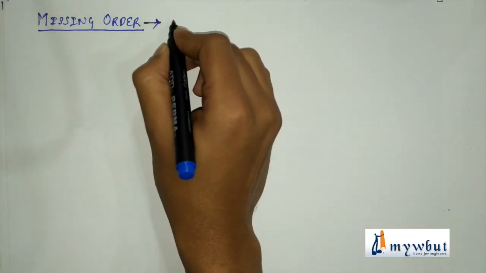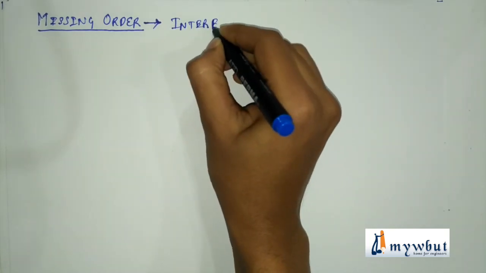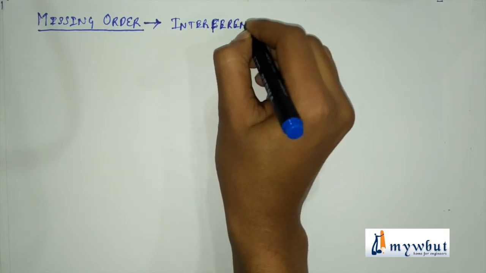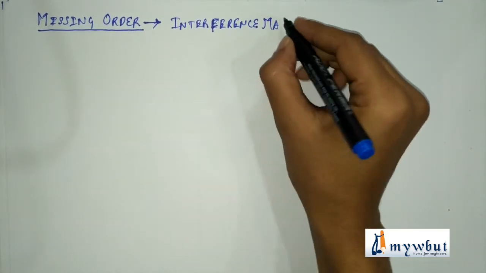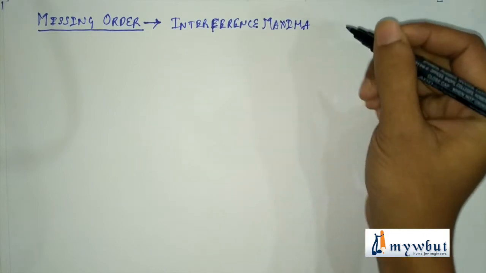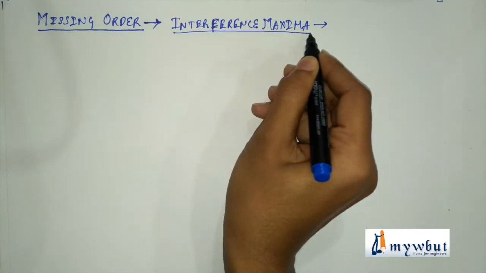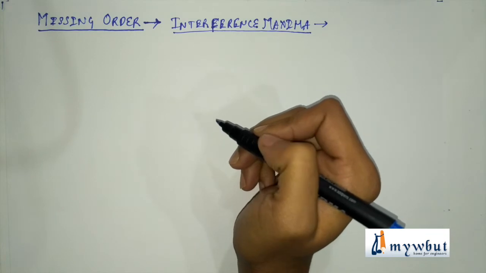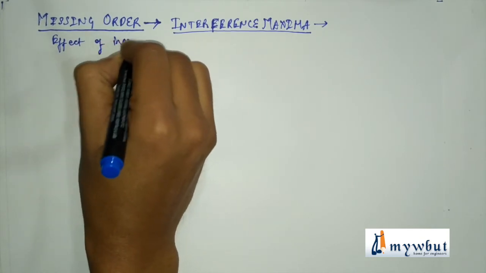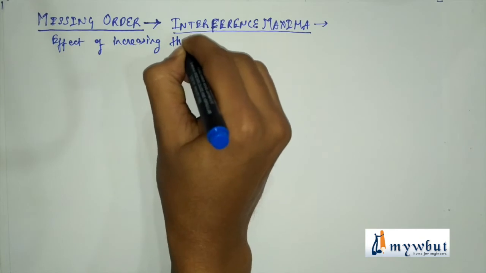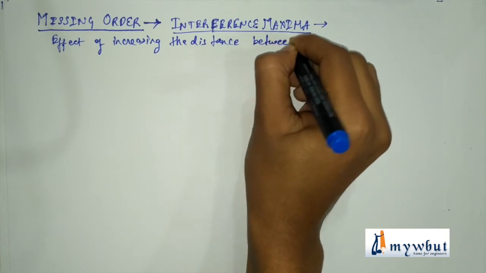We can also write it as interference maxima, or it can also be defined as the effect of increasing the distance between slits.